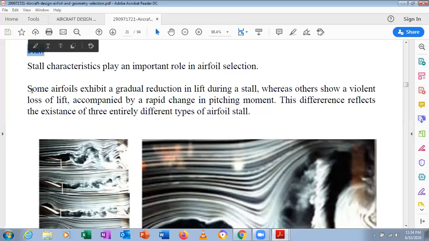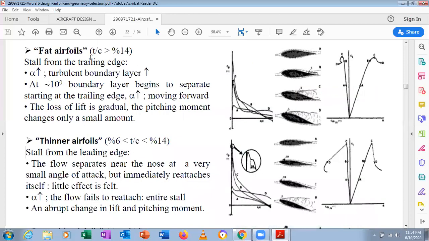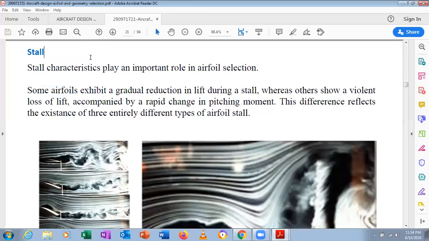Okay, some airfoils exhibit a gradual reduction in lift during a stall, whereas others show a violent loss of lift accompanied by a rapid change in pitching moment. This difference reflects the existence of three entirely different types of airfoil stall. You can see here we have three different types of airfoils, according to the angle of attack. We can look into it in the wind tunnel.